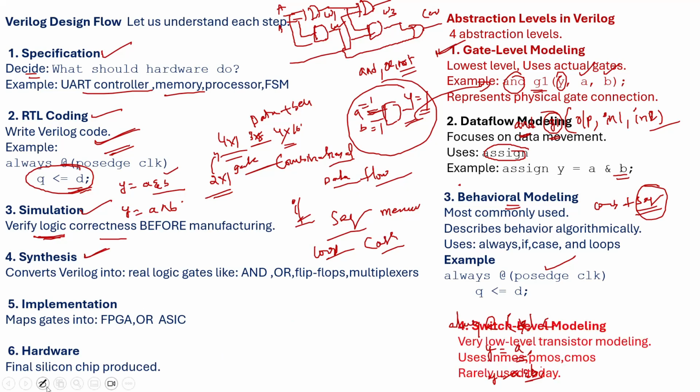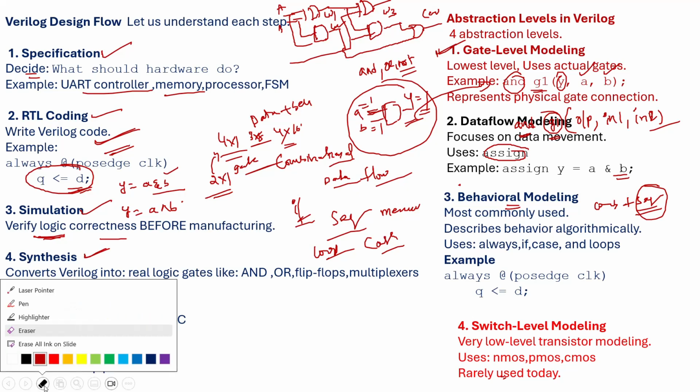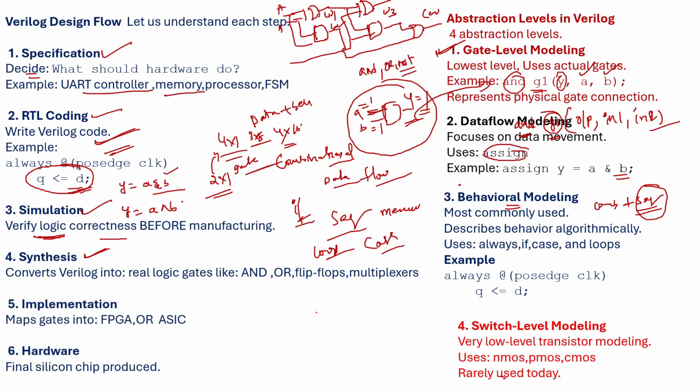Switch level modeling is the lowest level of modeling, very low level, because we are implementing it by using NMOS circuits, PMOS circuits and CMOS circuits. How do we connect in gate level modeling? Suppose we have an AND gate, the gate name is G1, and we write output y1 comma input a comma b.